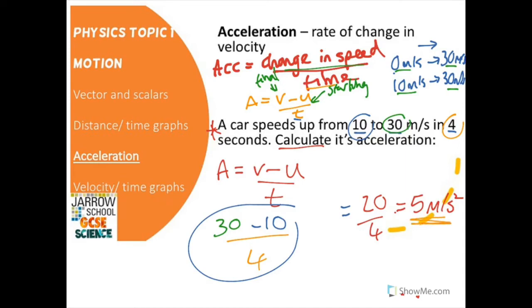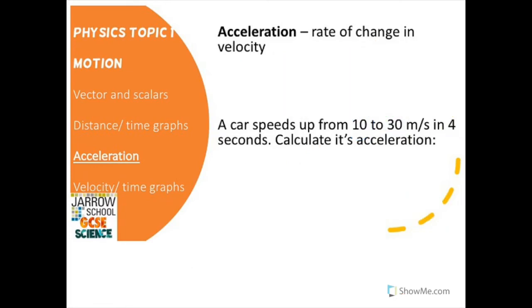It's now useful to have a look back and figure out what is actually happening when acceleration is taking place. So the acceleration of this car was 5 meters per second squared. What does that mean? The car took 4 seconds to change speed. How fast was it going at 0 seconds?